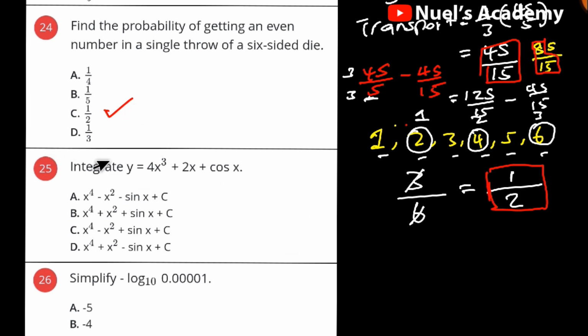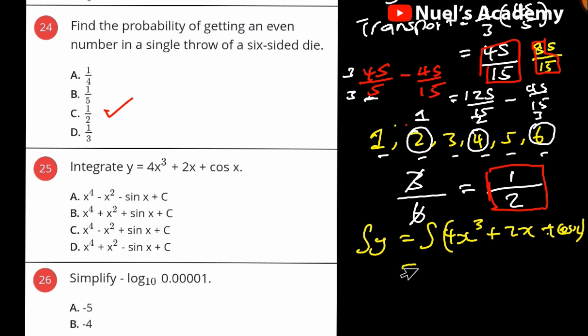So question number 24. Integrate y is equal to 4x cubed plus 2x plus cos x. So we have to integrate 4x cubed plus 2x plus cos x.